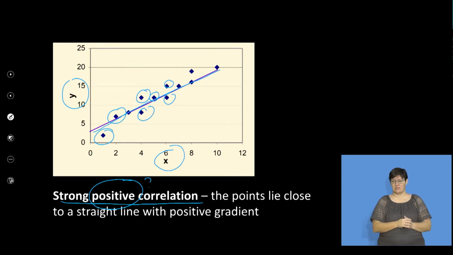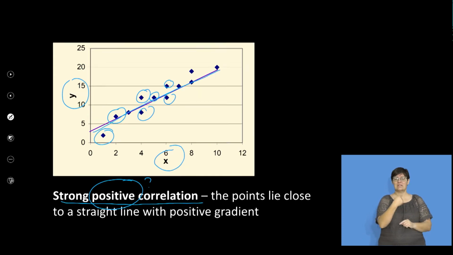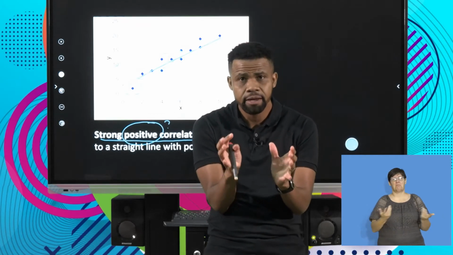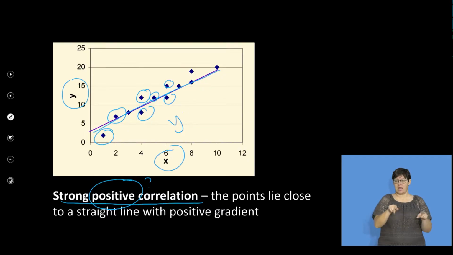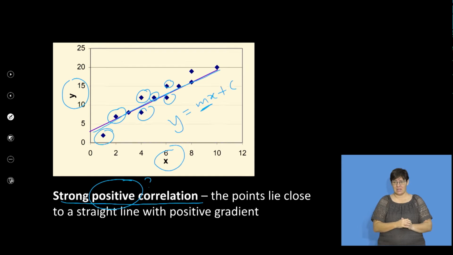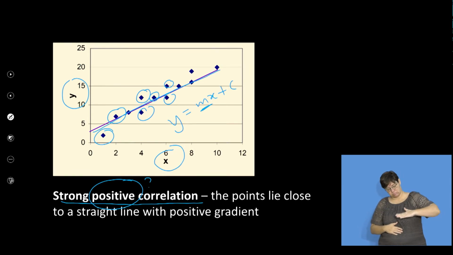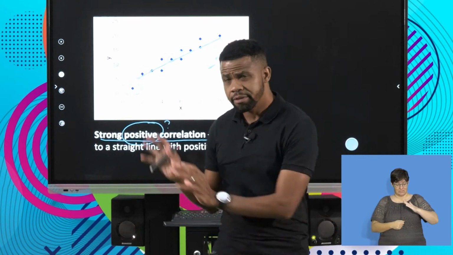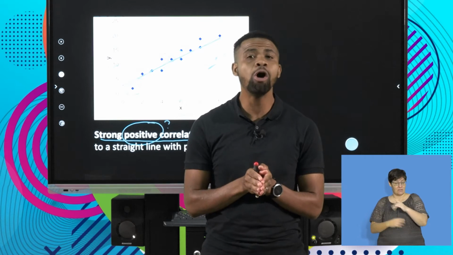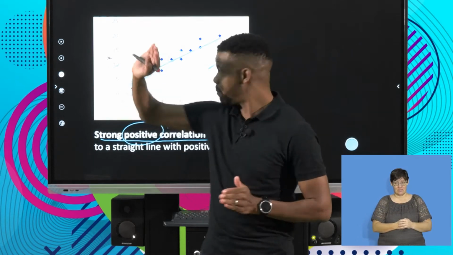When we talk about positive, think of the equation of a straight line, y equals mx plus c, where m is the slope or gradient. This is just an example. If the gradient is positive, m bigger than 0, your line is going up.